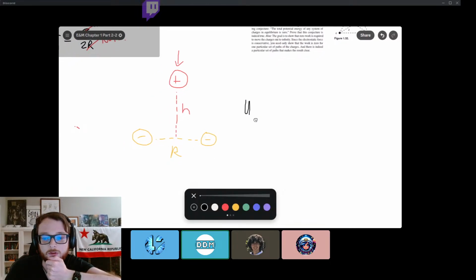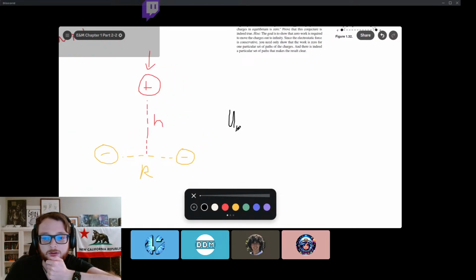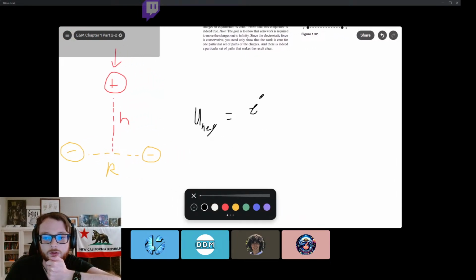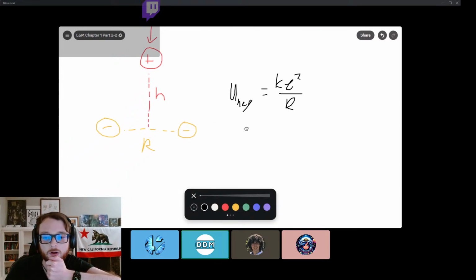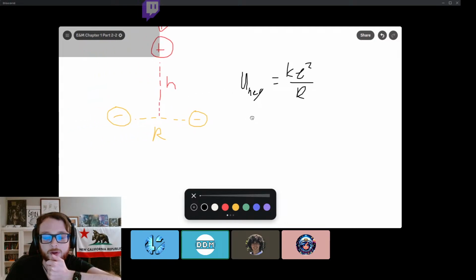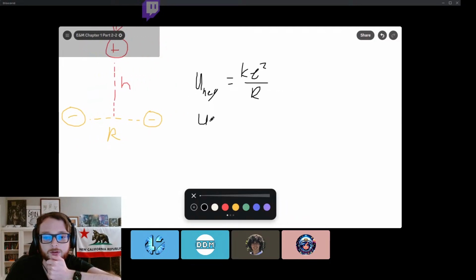The U for the negative pair is just k e squared over R. And we're going to set that equal to, I guess, consider the pair as a unit.